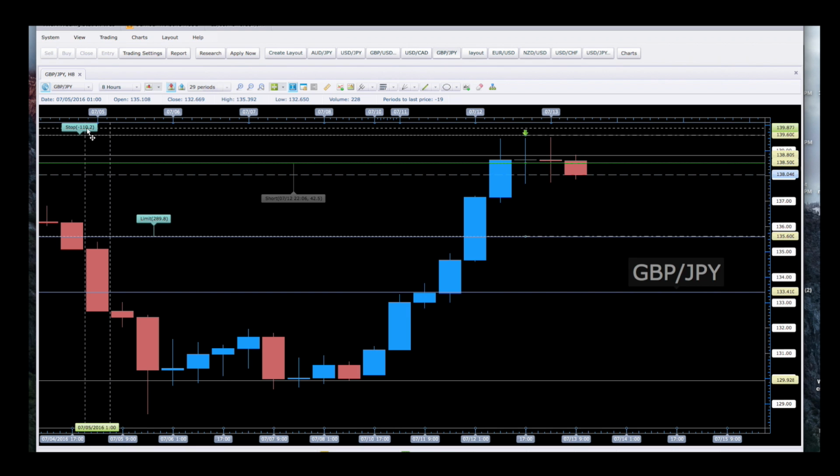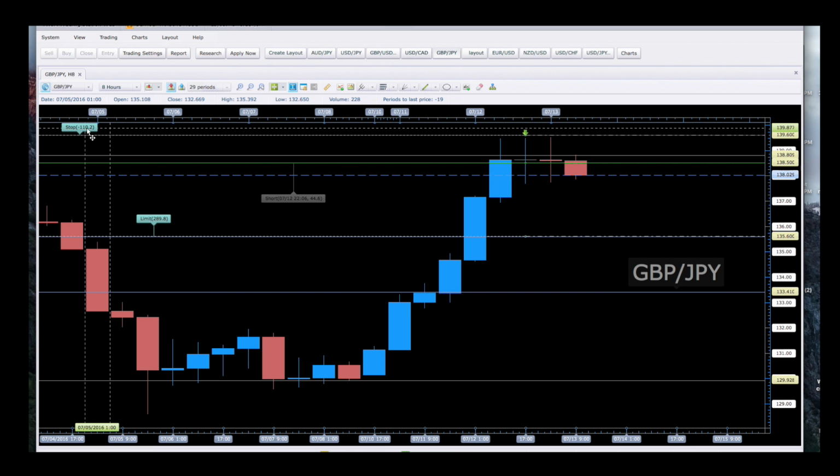A lot of them were very contradictive. So I did some research and found a better strategy, which is, like I said, price action. And that is based solely off of strong resistance and strong support levels.